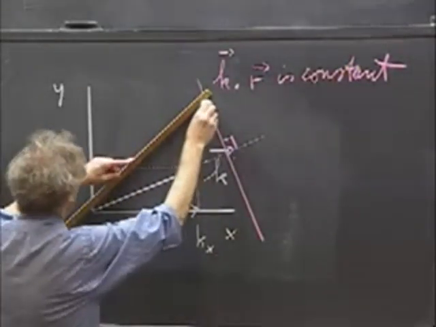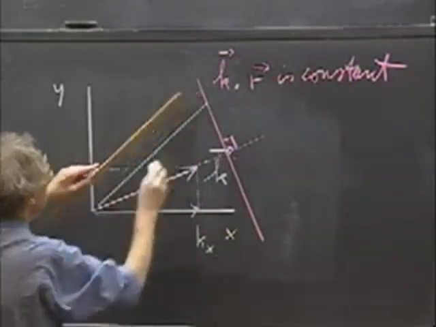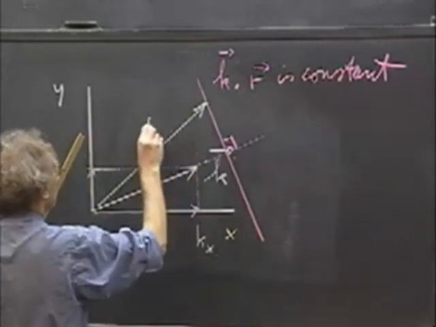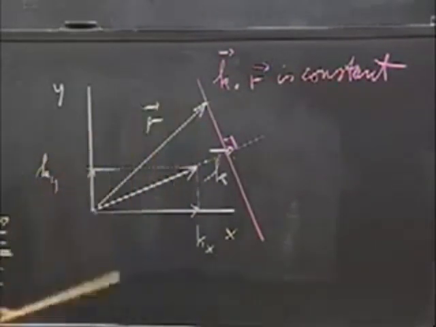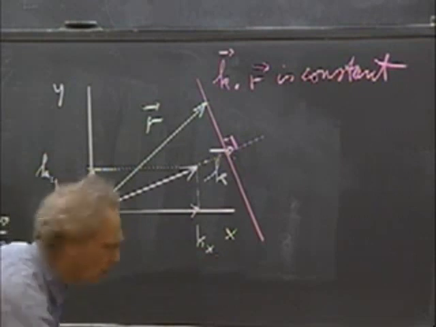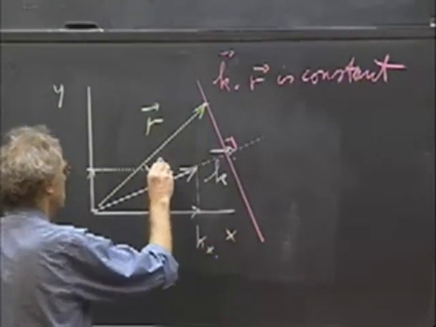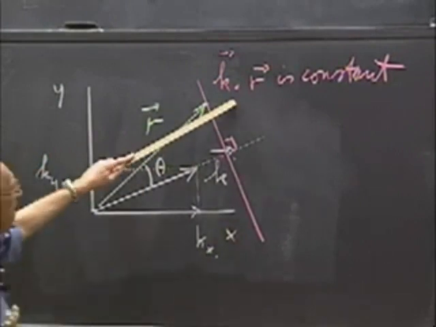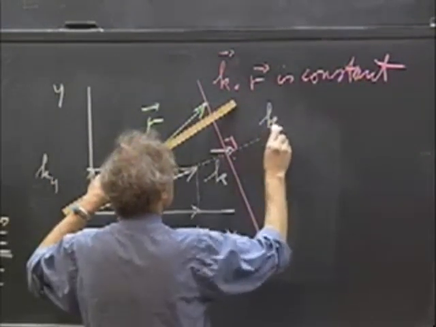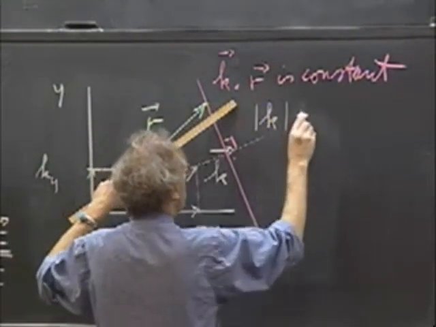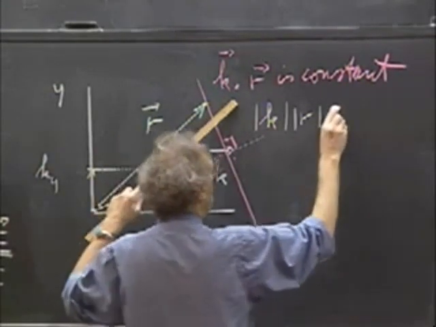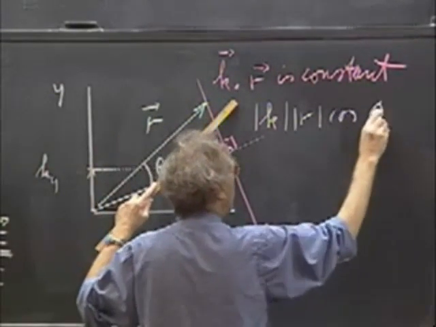If this is my vector r, which is the position vector in space given by the relation that you see there, then this angle here between k and r, I call that theta. Then k dot r is a scalar, is the magnitude of k times the magnitude of r times the cosine of theta.